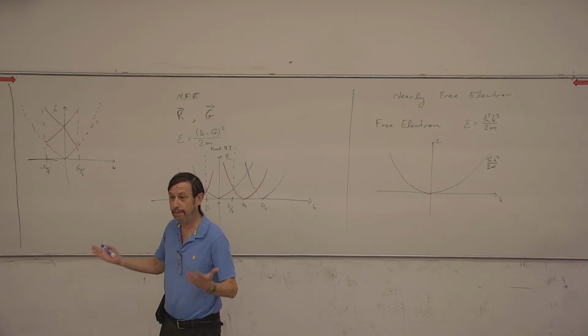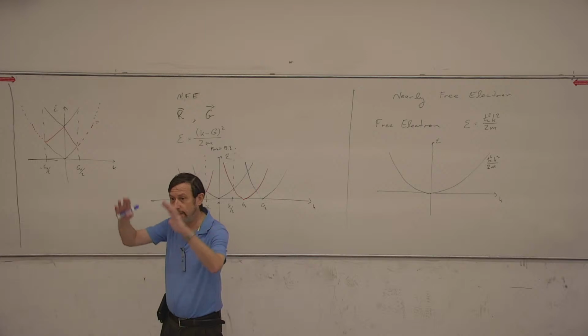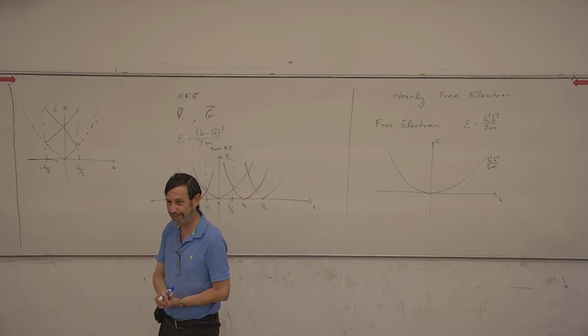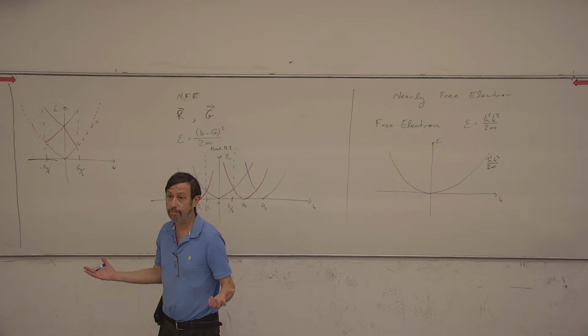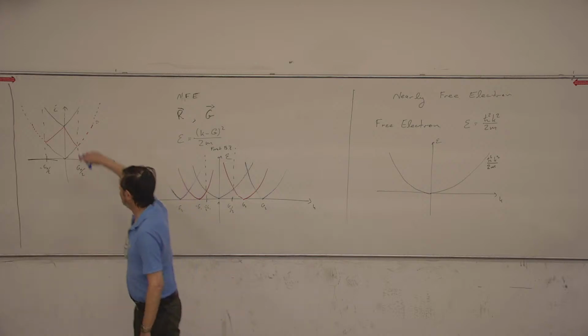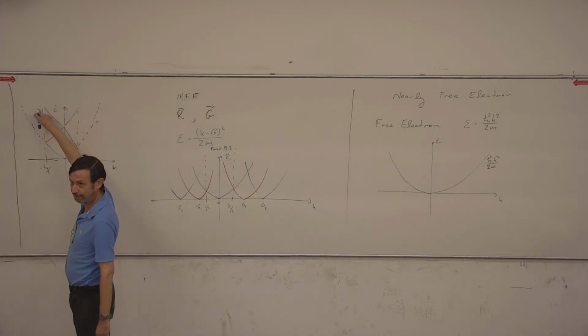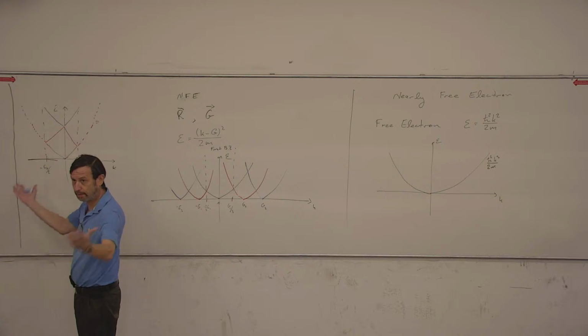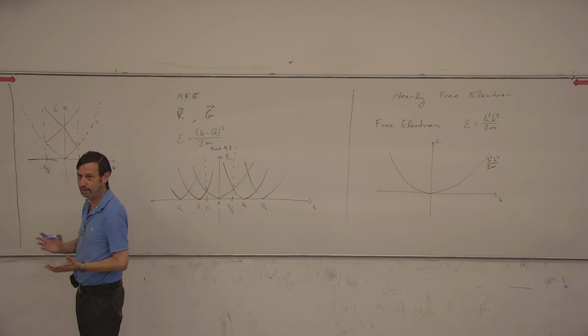So basically, I folded the parabola into the first Brillouin zone. Right? I have all my sections of the parabola, but folded into the first Brillouin zone.